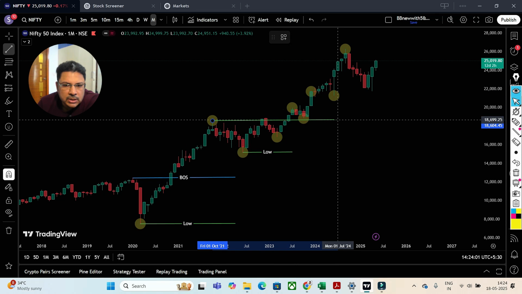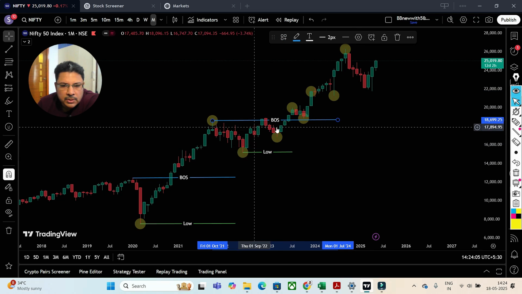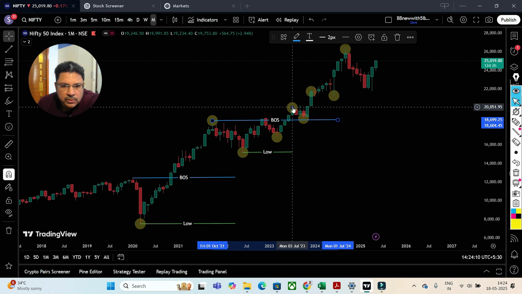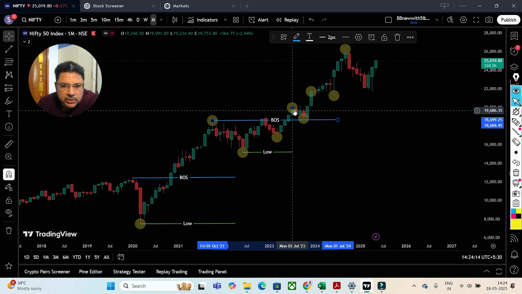This structure has to be broken, right? So when did it do that? It did with this new high. So we are going to consider this as our low, which led to this new high.